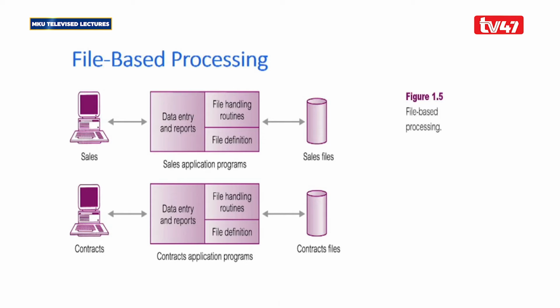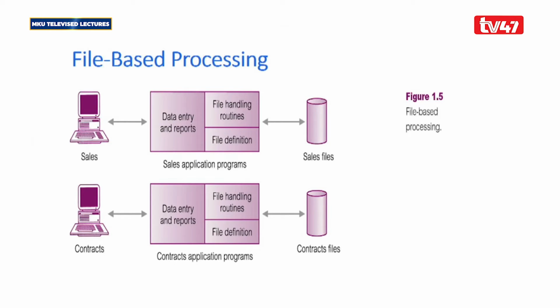We can talk of any department within an organization, whether it is accounting or human resource, and so on. So within an organization, each specific department will have to keep its own data using its own programs, using specific applications. And of course, you need to store that particular information somewhere using files.